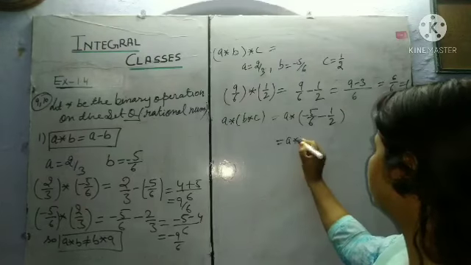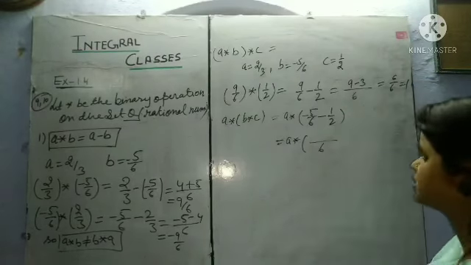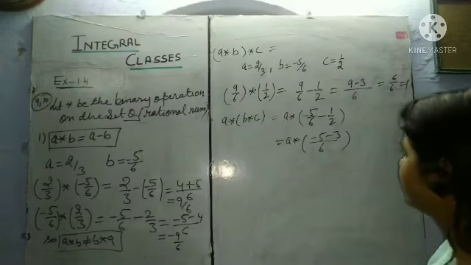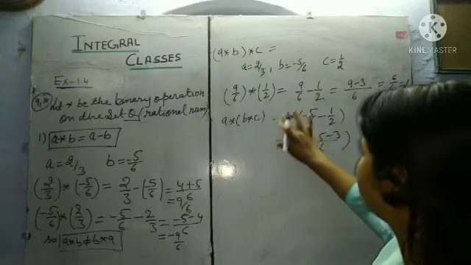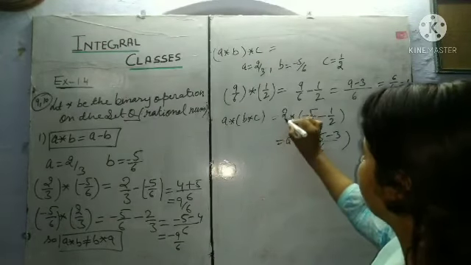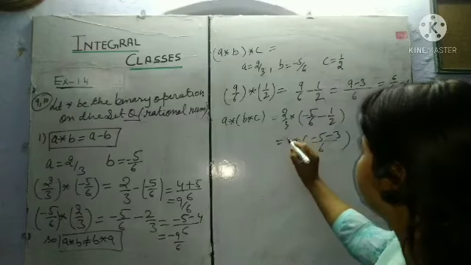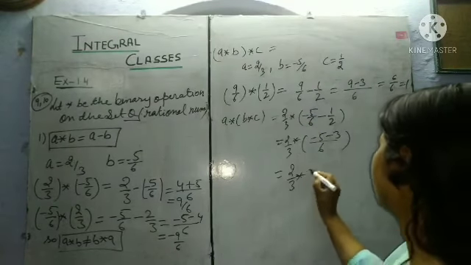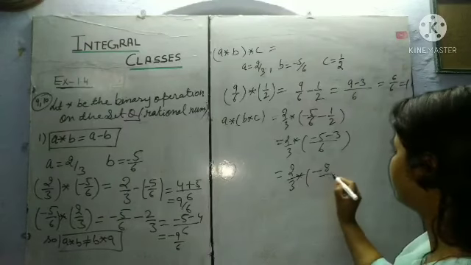Now take 6 as the LCM, then minus 5 minus 3. We will put A as 2 by 3 here also. So 2 by 3 star minus 8 upon 6.